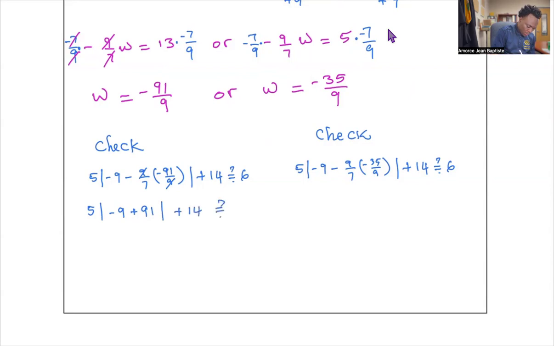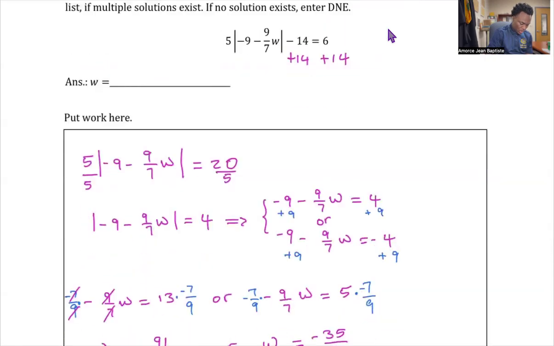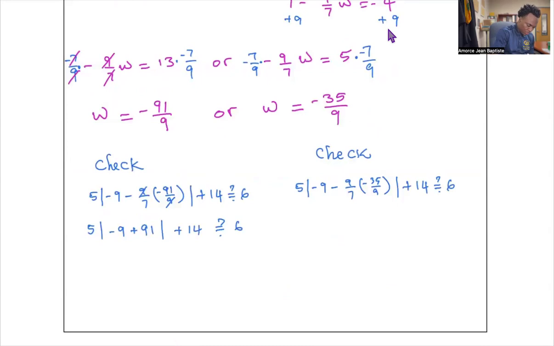We check to see if this is 6. Plus or minus? It was -14 actually. It's -14.